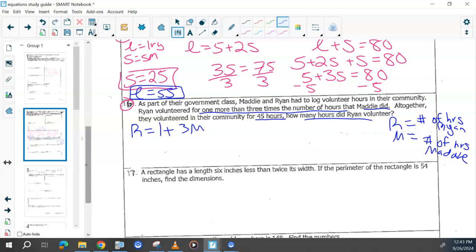Anytime it's not larger, smaller, or length or width, you have to define your variables. And then altogether, similar to their sum, they both got a total of 45. So if I knew R and I knew M, I could add them together and get 45. So then just like the last one, I'm going to take R's equation and put it in where R is.